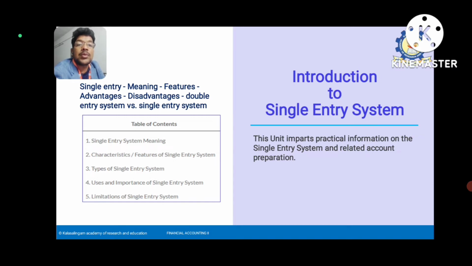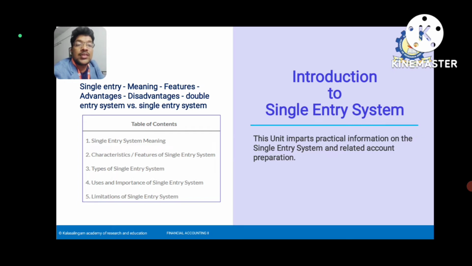Then we will discuss the various types, then the usage and importance, the advantages, then the limitations, also known as the disadvantages, and then the differences between the single entry system and the double entry system.